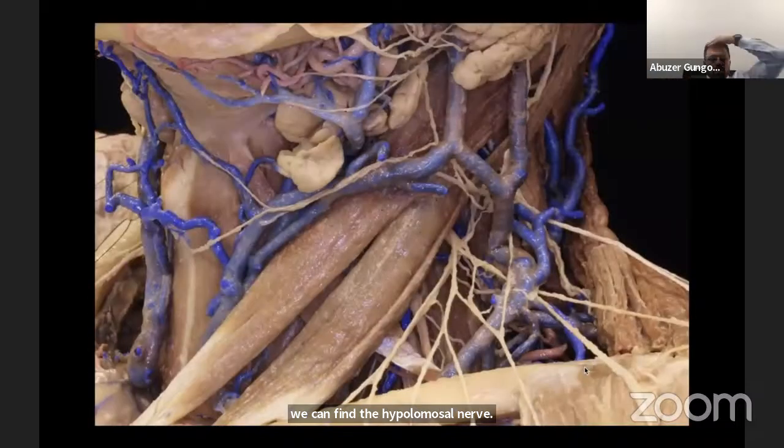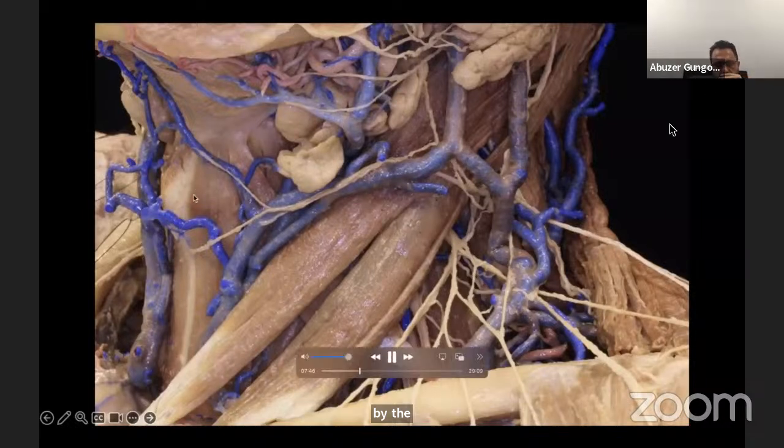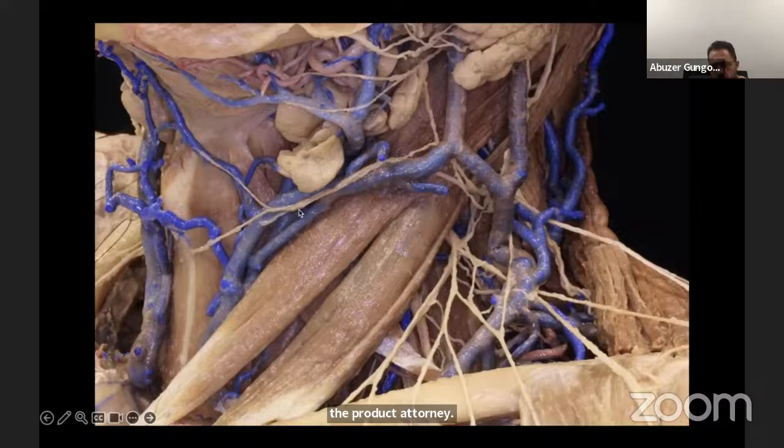In the anterior triangle of the neck, in the infrahyoid compartment, we can divide this by the omohyoid muscle into the muscular triangle, which is located here anterior-inferiorly, and the carotid triangle that is located posteriorly.